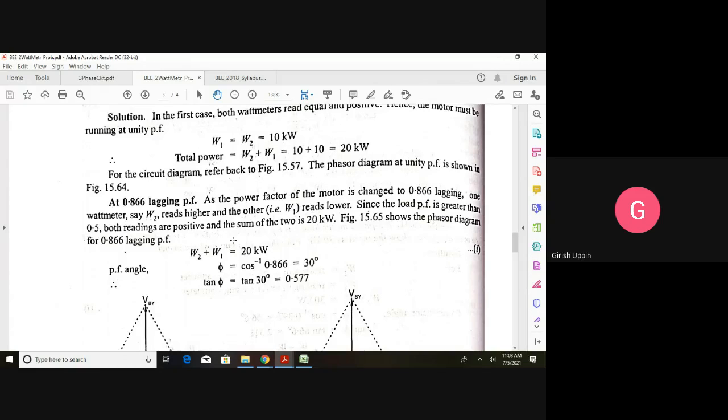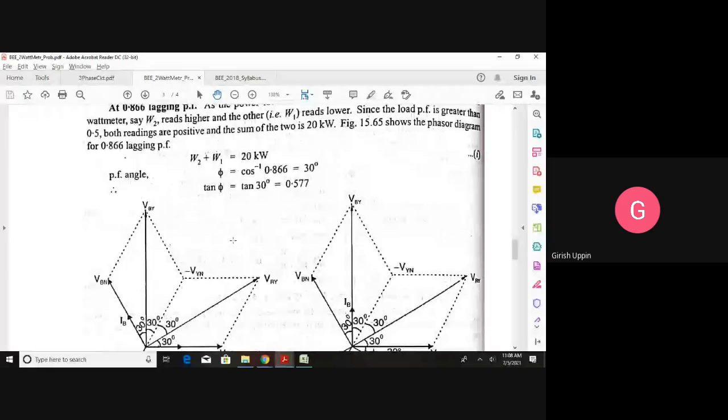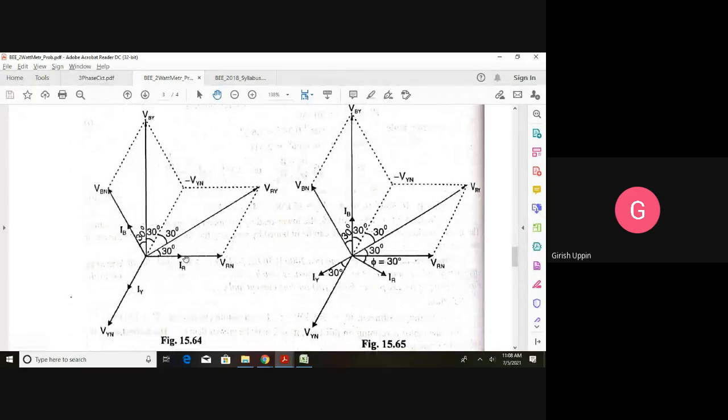As the power factor of the motor is changed to 0.866 lagging, one wattmeter W2 reads higher and the other W1 reads lower. We already know that since the power factor is greater than 0.5, both the readings are positive. The sum of the two is 20 kilowatt. You can see it in the figure. This is the first scenario. In the first scenario, what is happening?